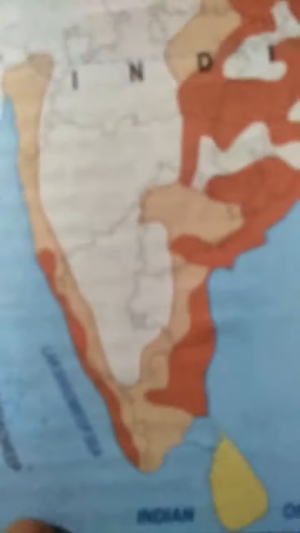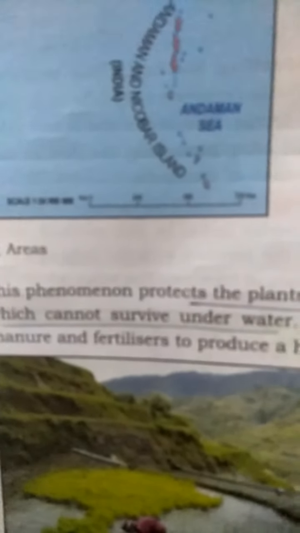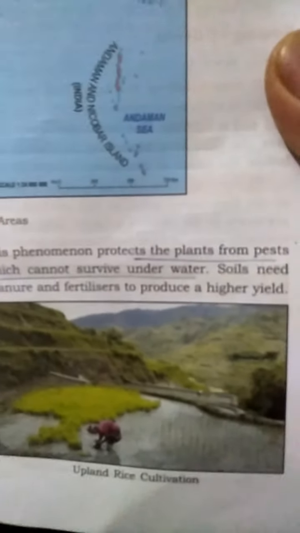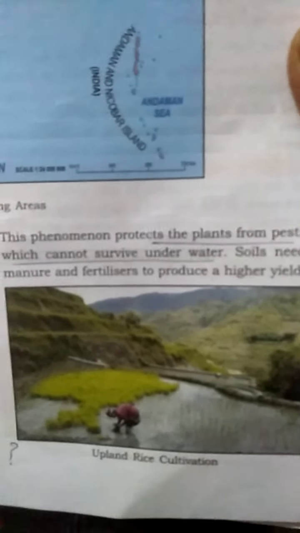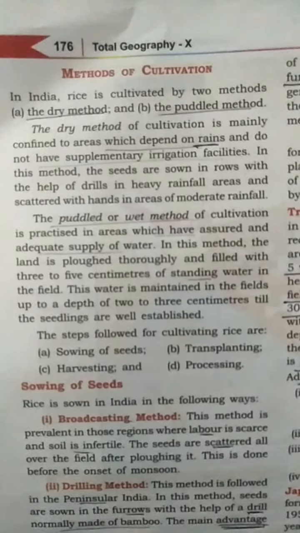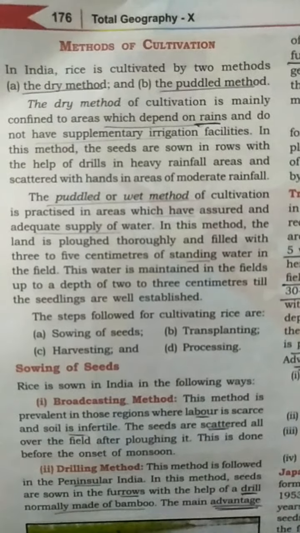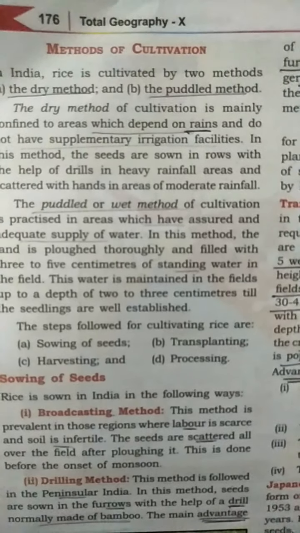Why is standing water required? Because the standing water protects the plants from pests which cannot survive under water. Methods of cultivation: rice is cultivated by two methods, the dry method and the puddled method.